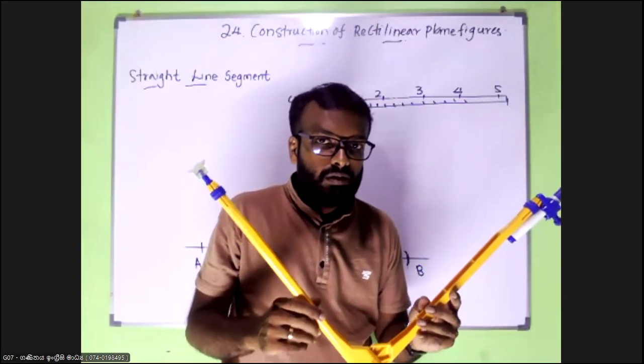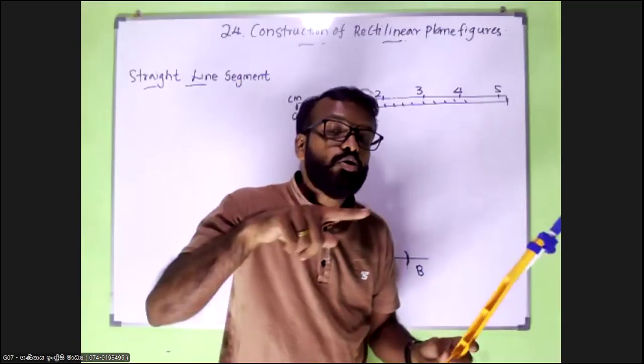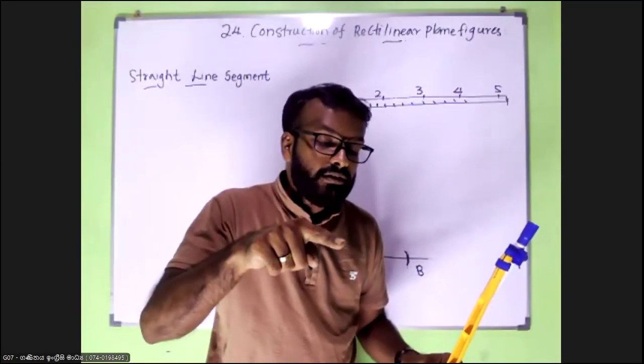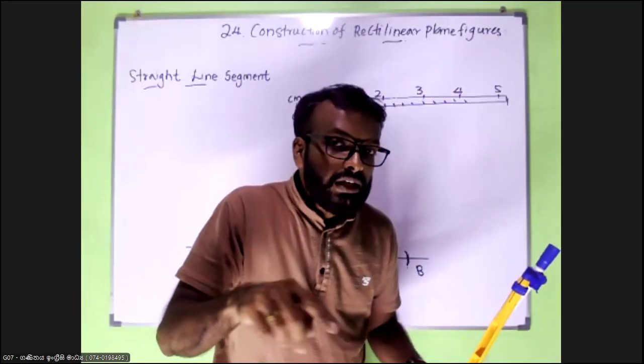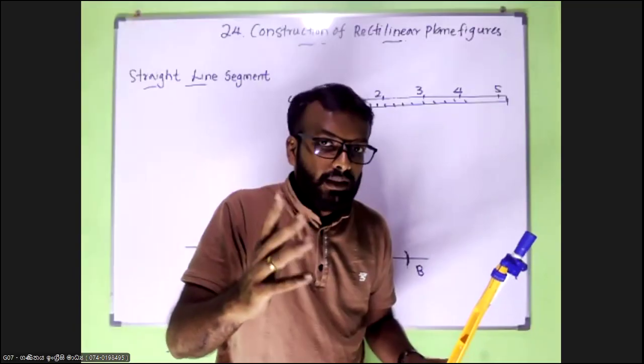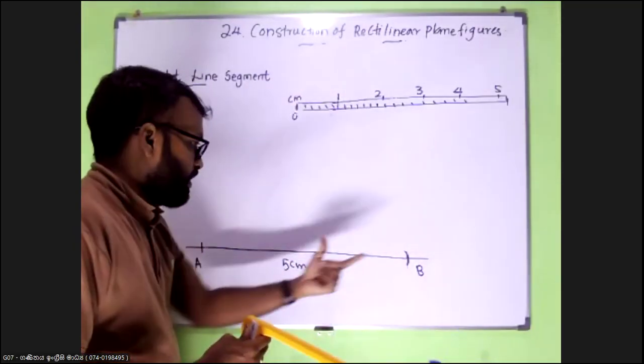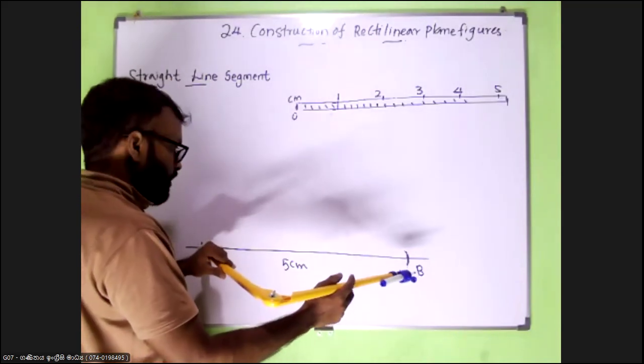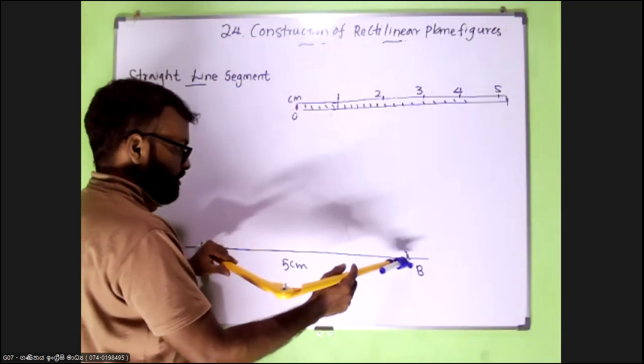For an equilateral triangle, all three sides should be equal. This is 5 centimeters, and the compass is also 5 centimeters.